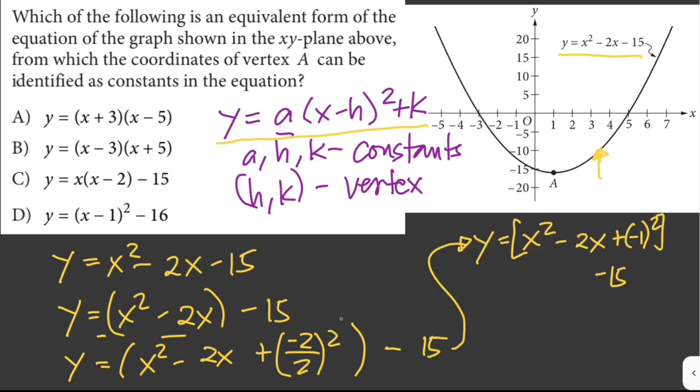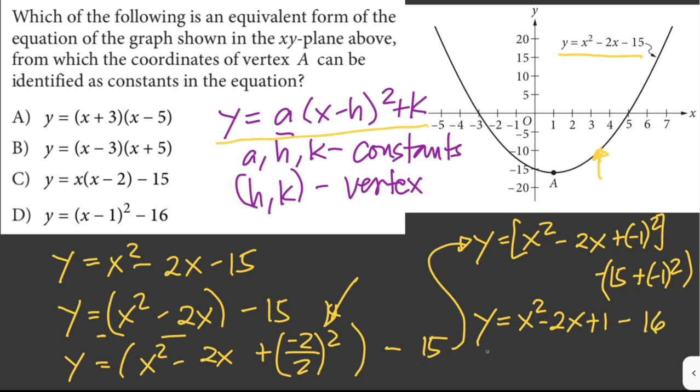Whatever we add here, we should also account for on the 15, so negative 15 plus negative 1 squared. This gives y equals x squared minus 2x plus 1, minus 16.